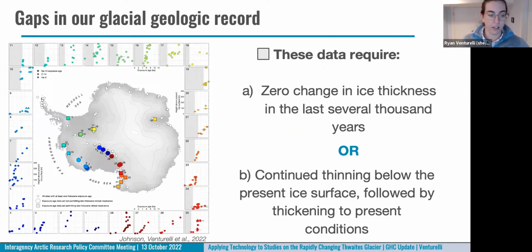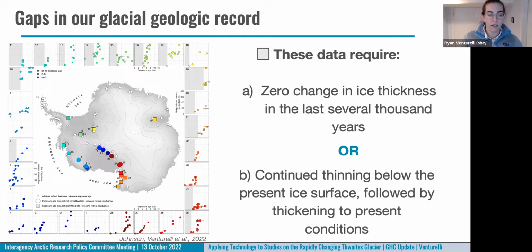So what I'm showing you here is a record of all of the exposure dating arrays that have at least 3 Holocene time exposure times in the data set, with the places noted in colored squares telling us about times where our glacial geologic record stops somewhere after about 5,000 years ago. Places where I show you glacial geologic records with a colored circle give us the glacial geologic history right up until our observational record starts.